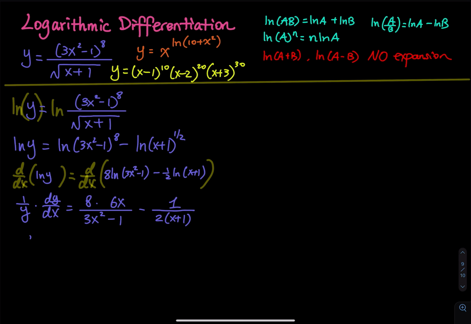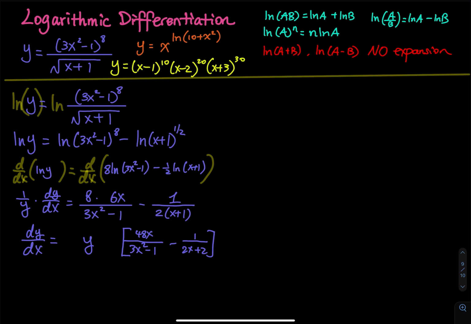And then the next step, you have a dy/dx, and then you multiply the y to the other side, so you have a y, and then you multiply, so 8 times 6, that is 48, right? Divided by 3x squared minus 1, and then minus 1 divided by either you say 2x plus 2, or you leave it like that.